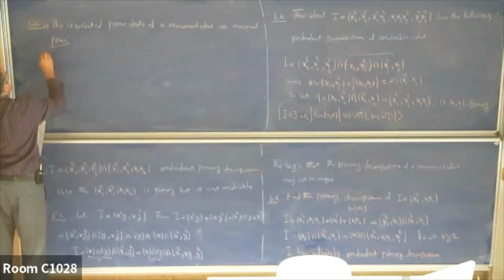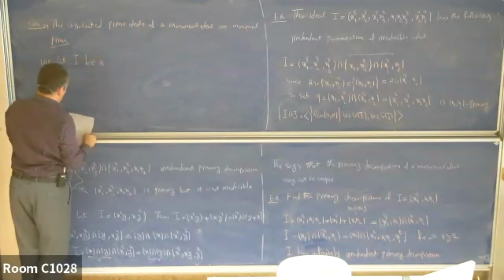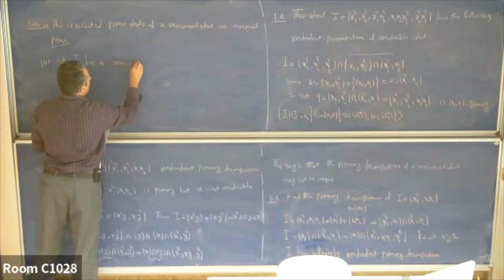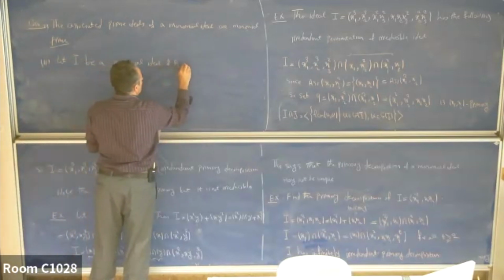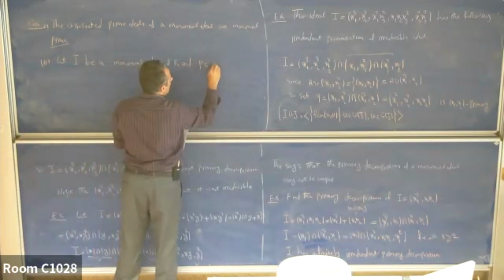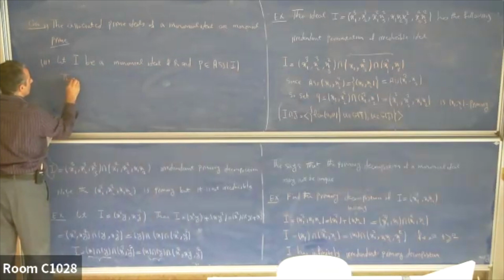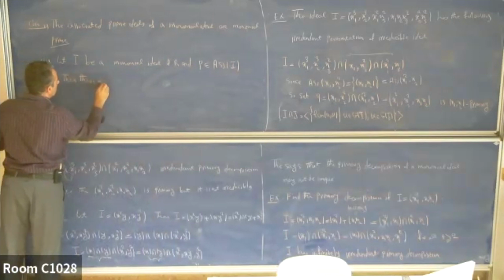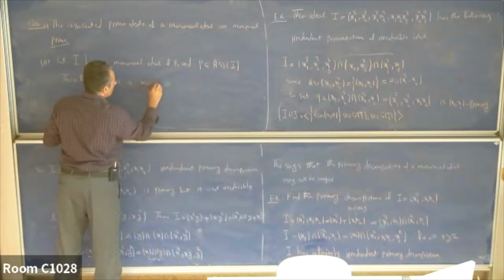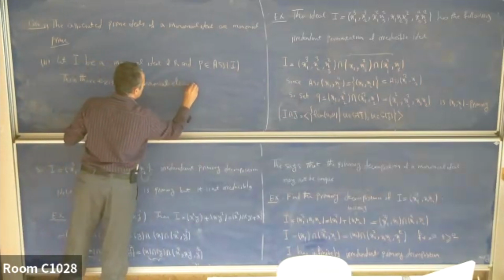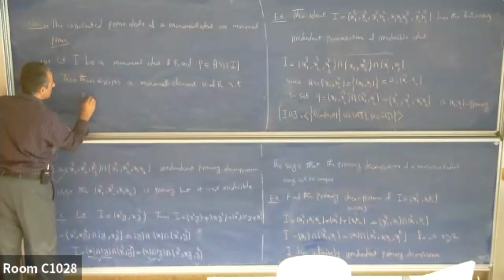And another corollary: let I be a monomial ideal of R and P in Ass(I) an associated prime of I. Then there exists a minimal monomial element u of R such that P = (I : u).